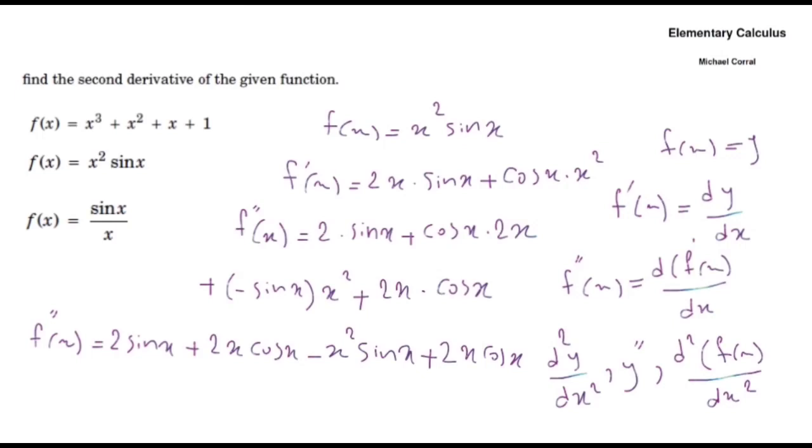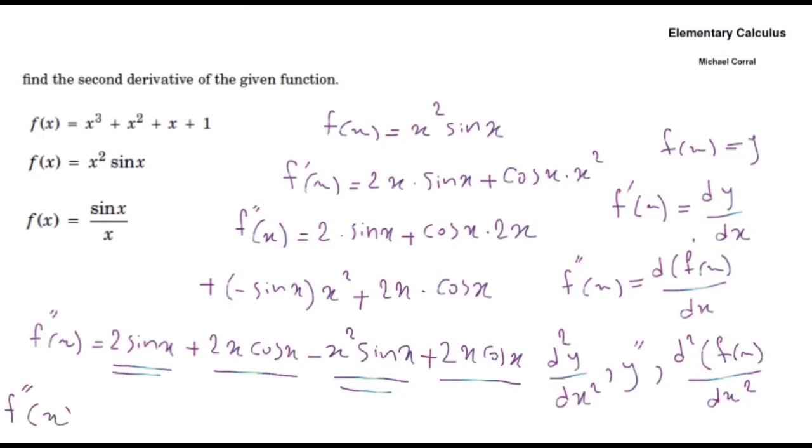These 2x cosine x terms are like terms, and 2 sine x and negative x squared sine x are also like terms, so you can add them to each other.